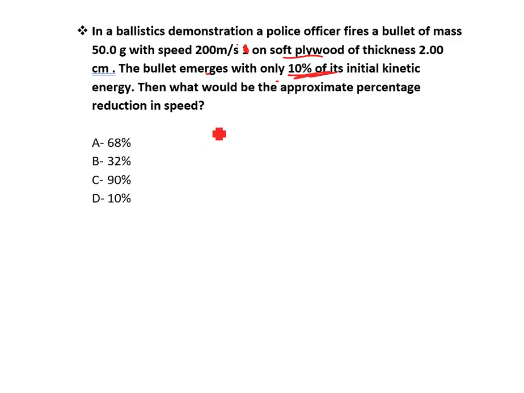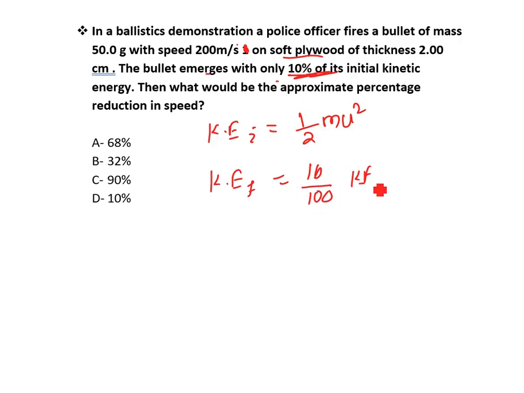Let its initial kinetic energy be half m u square, just its formula. The final kinetic energy is 10% of the initial kinetic energy, so I can write it as 1 by 10 of the initial kinetic energy.